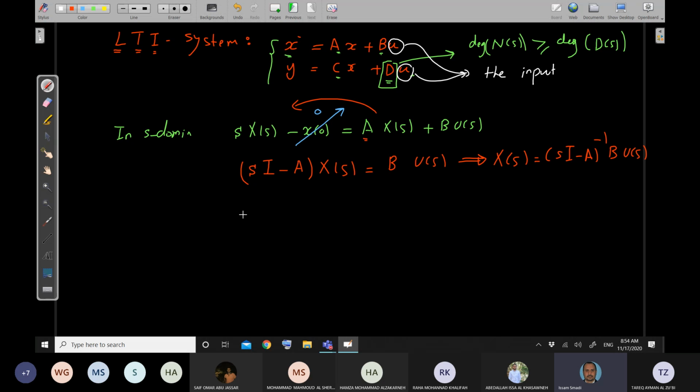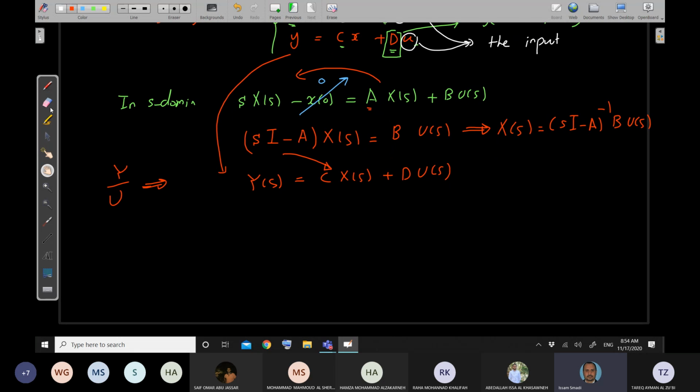Now, as we said, the transfer function is the relation between y over r, or the input here. So simply, I need to find the Laplace transform for the output equation. So y of s, this is a piece of cake actually, equals C x of s plus D u of s. Now, what I can do, plug and play. Do you know the plug and play? It's just how fast you can write, you can get the solution.